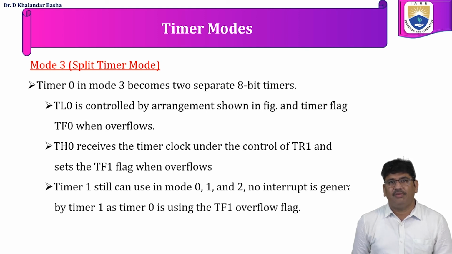Still, timer 0 is operating in mode 3, but timer 1 can be operated in mode 0, mode 1, mode 2. No interrupt is generated because TF1 and TF0 are utilized by these split timers. So timer 1 acts as timer 0 using TF1 for overflow.